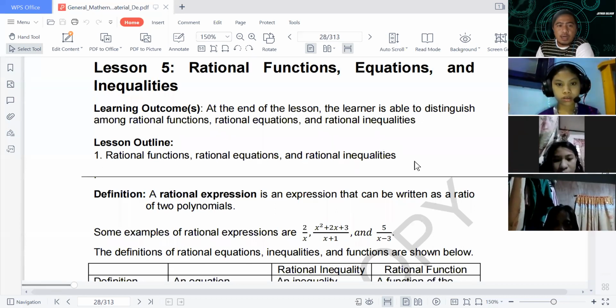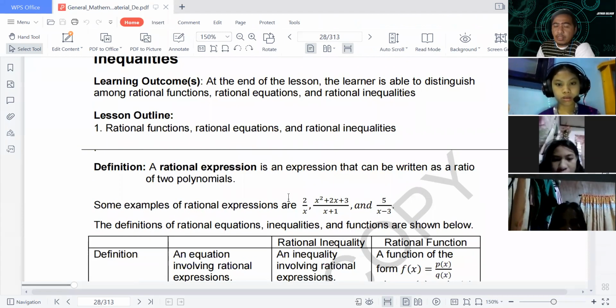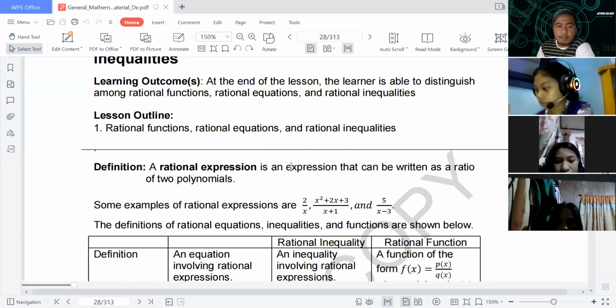So now we will discuss all about the topic rational function, equation, and rational inequalities. Before going to rational equation, we need to discuss first how to determine whether your given is a rational equation, rational function, or rational inequality.